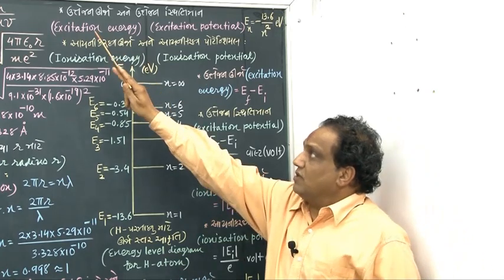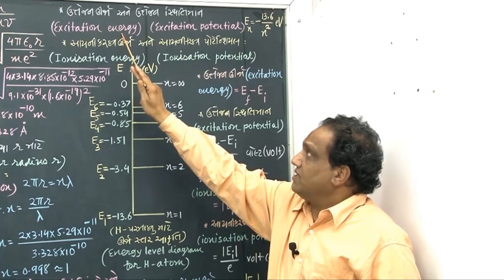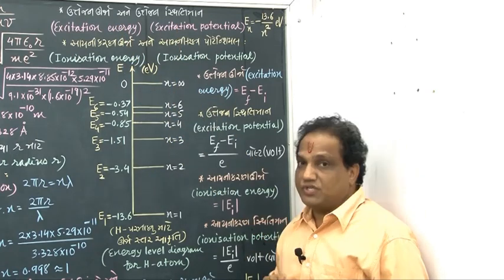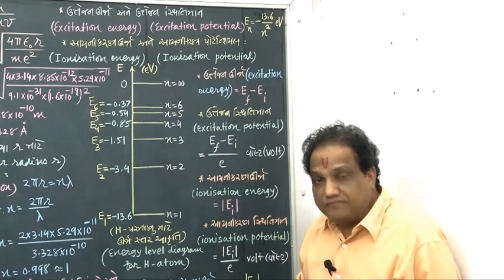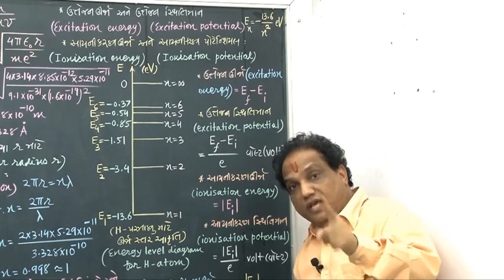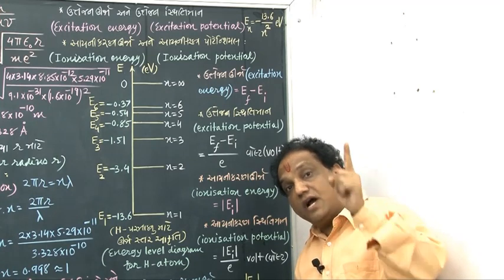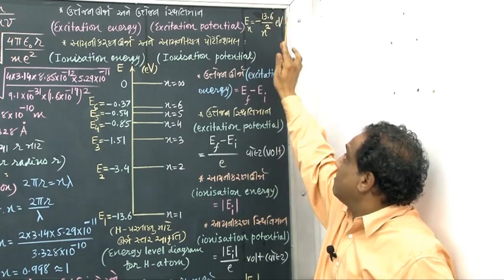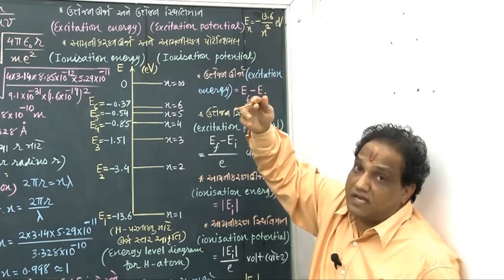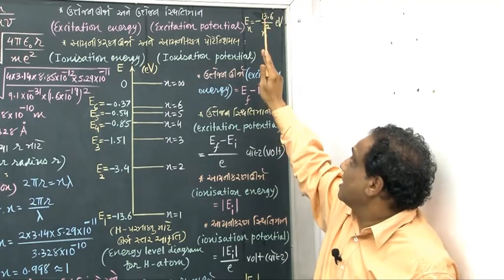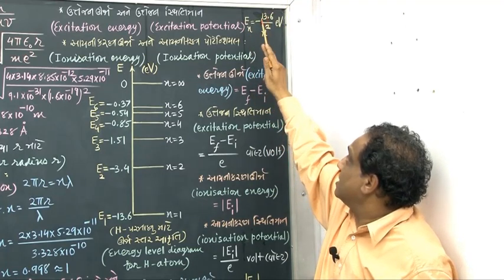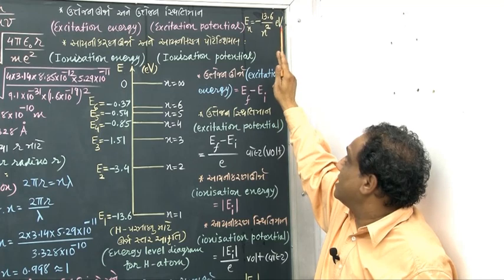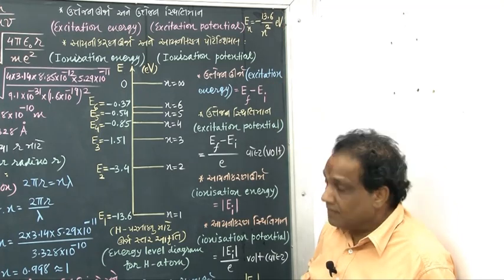First of all, let us try to understand what is called excitation energy and excitation potential. Remember the formula of total energy of the electron in the hydrogen atom in electron volt. In the last lecture we have seen this formula: En equals minus 13.6 upon n square, that many electron volt.